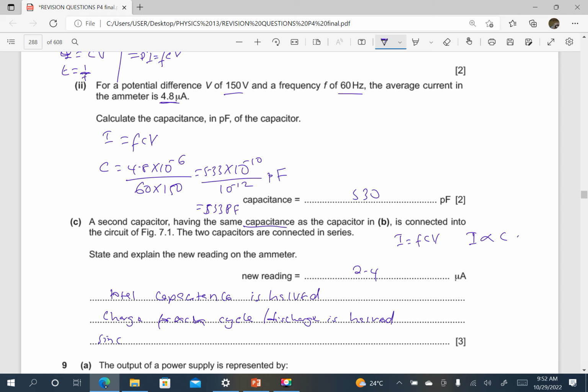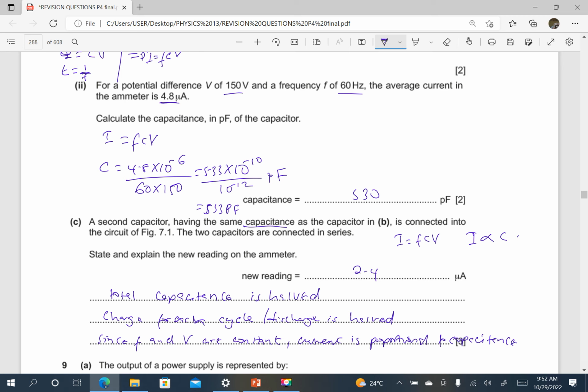And since F and V are constant and they are not changing, it means the current is directly proportional to capacitance.